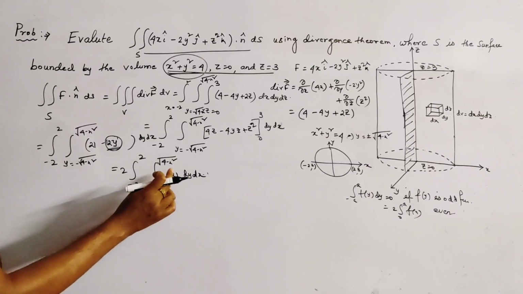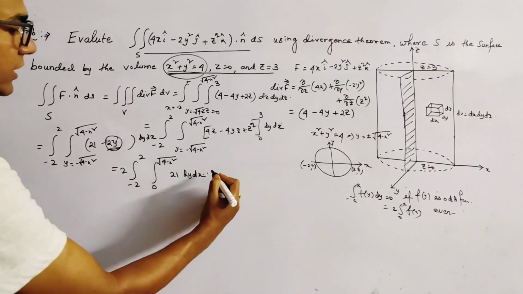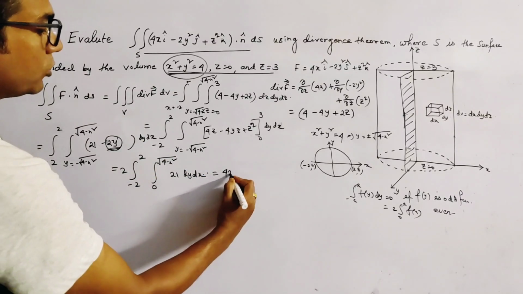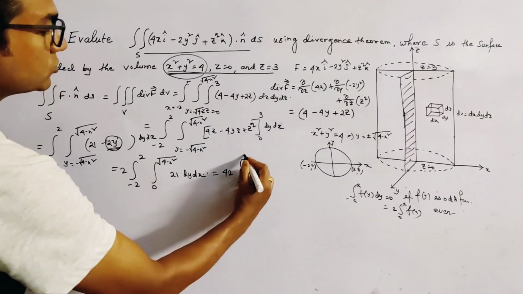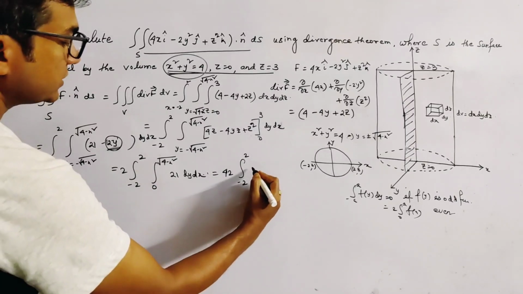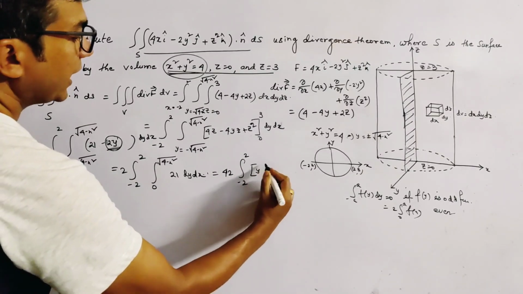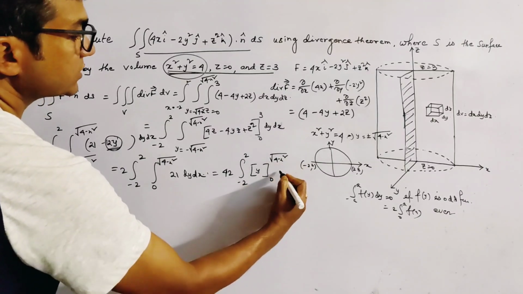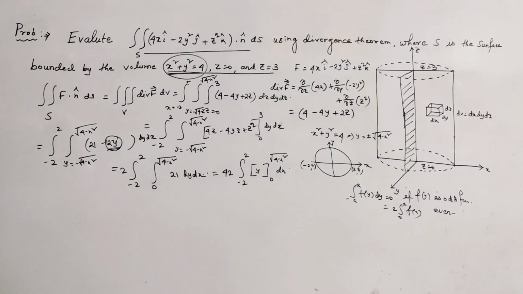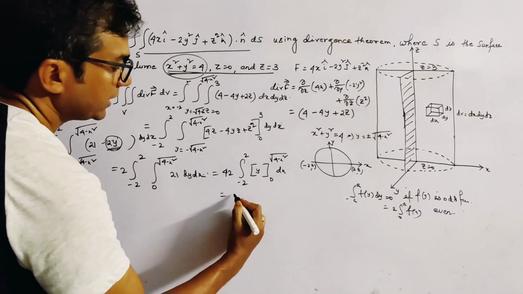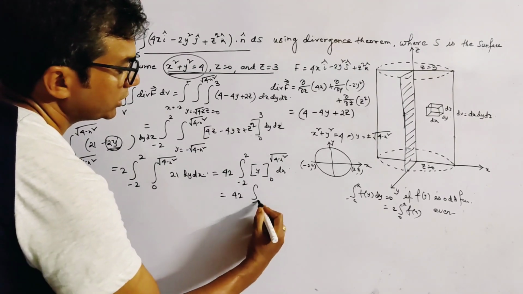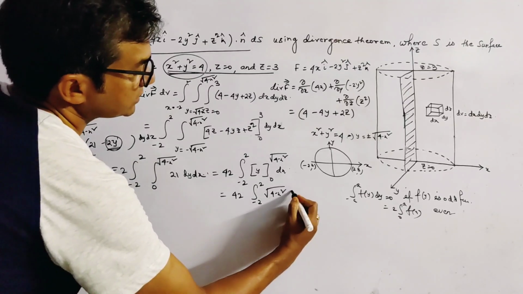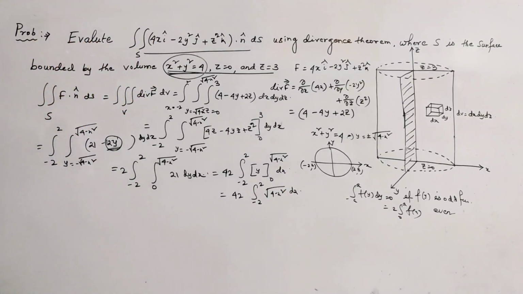The integration of 21 with respect to y is 21 into 2, that is 42, into the integration from minus 2 to 2, and this is only y with range 0 to root of 4 minus x², dx. So it is 42 into the integration from minus 2 to 2 of root of 4 minus x² dx.